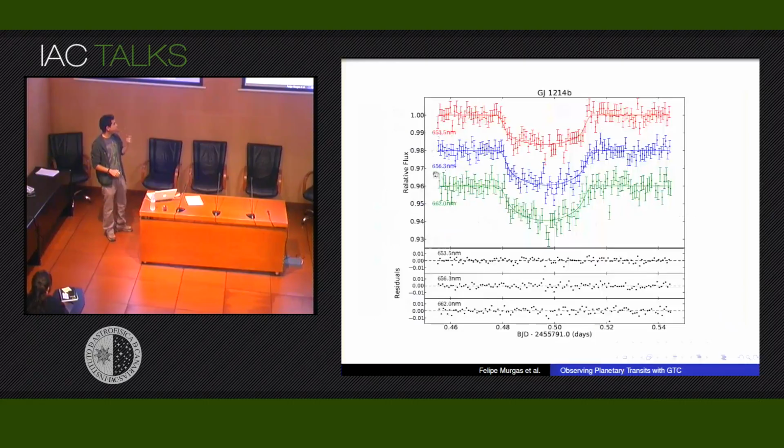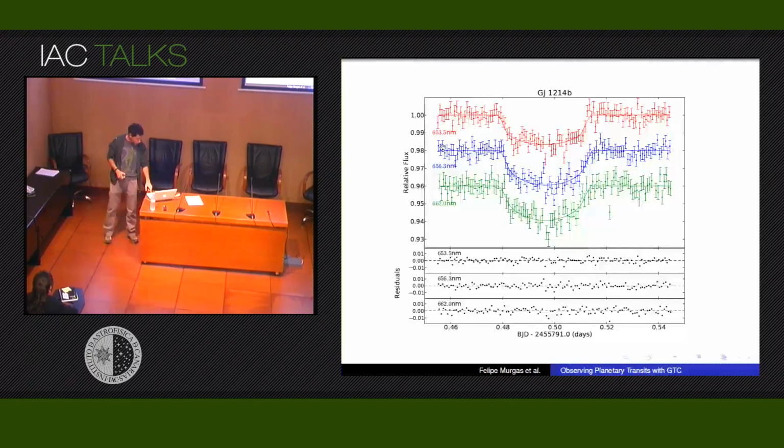So we have to sacrifice a little bit of the signal to noise in order to get really narrow bands. Either way, the data was a little bit noisier than we were expecting. But nonetheless, we fit the models of Gimenez to measure the depth of the transit at these different wavelengths.